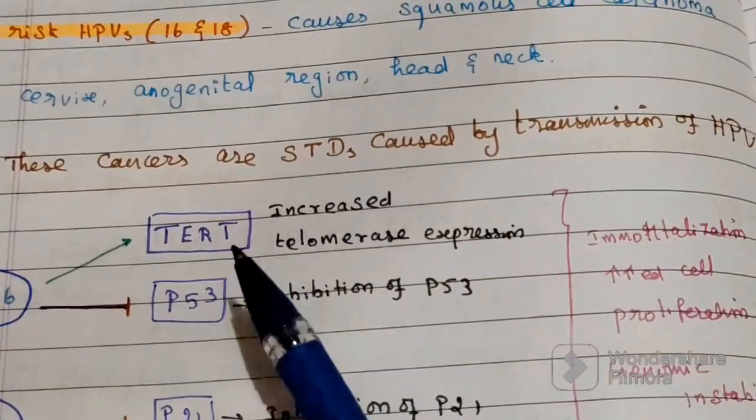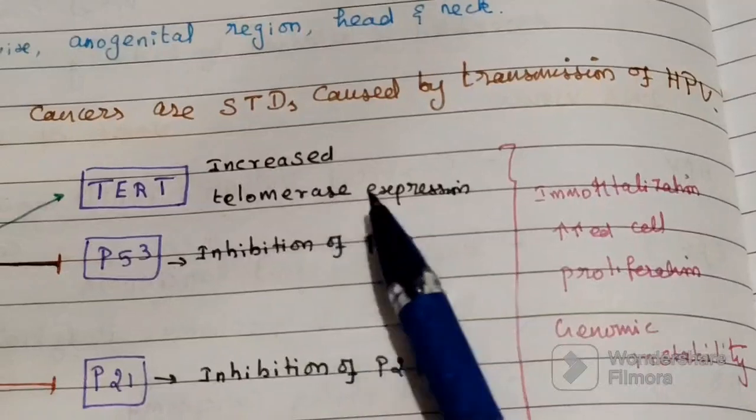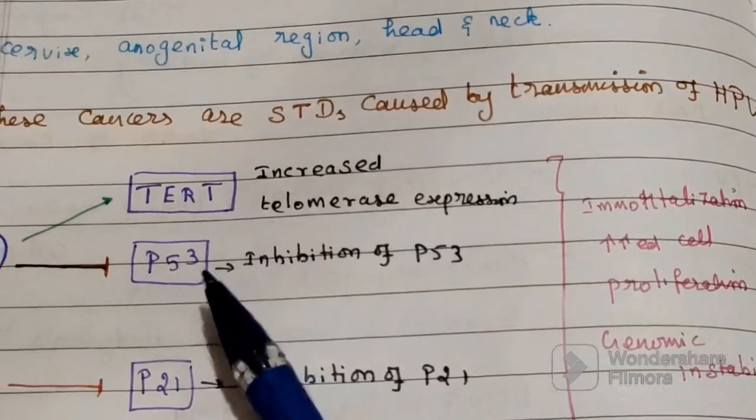So TERT, after mutation, stimulates telomerase expression.